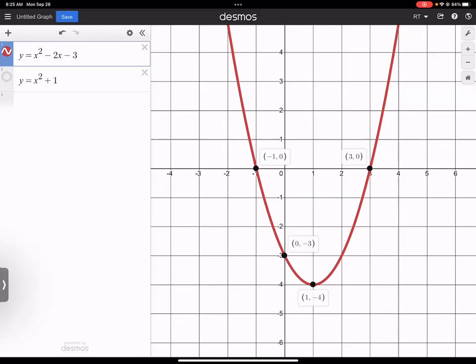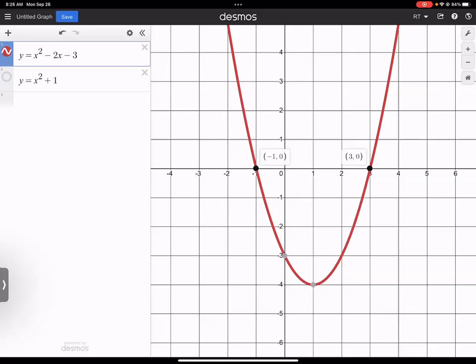Where does the function equal 0? Look at the question, right? Your answer to that would be x's, right? Okay, so what are we looking for? -1 and 3, right? The x-intercepts.